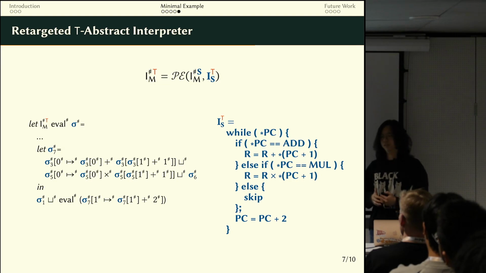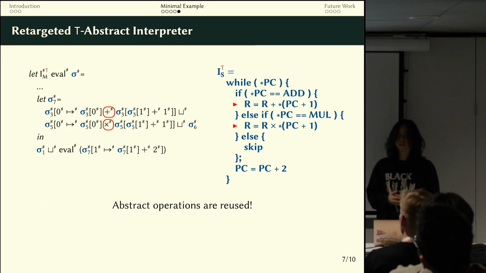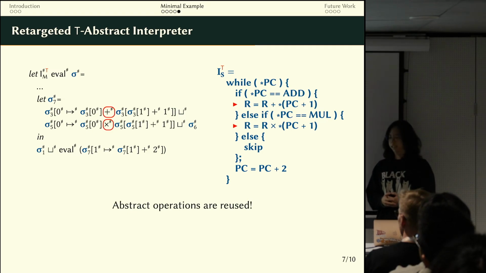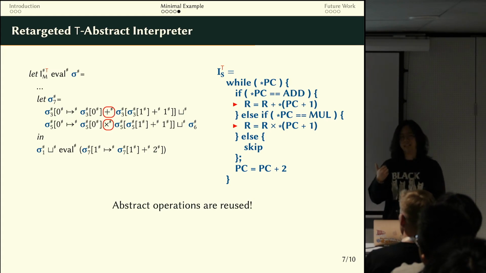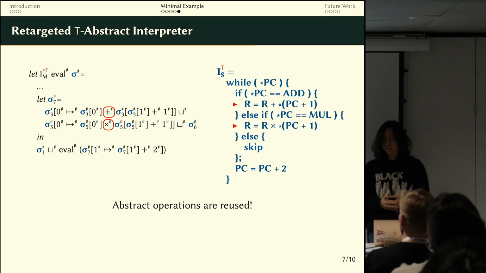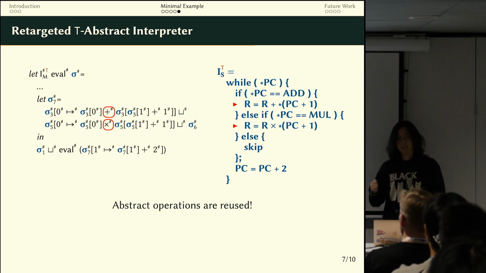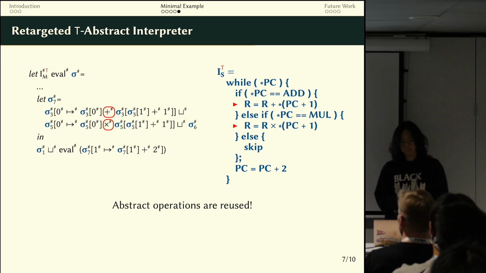Now I'm going to focus on two aspects of this resulting abstract interpreter. The first point is that the abstract operators that were used in the S analysis are being reused in the resulting T analyzer. This means that the abstract domain that was designed for the S analysis is directly used in the T analysis.